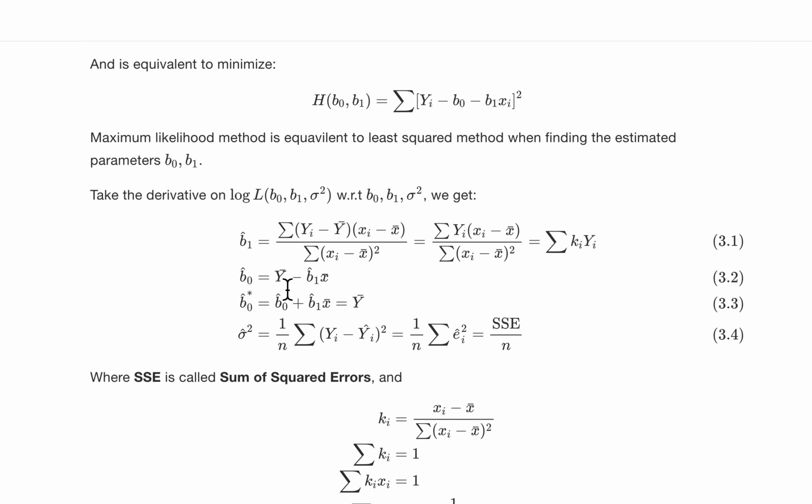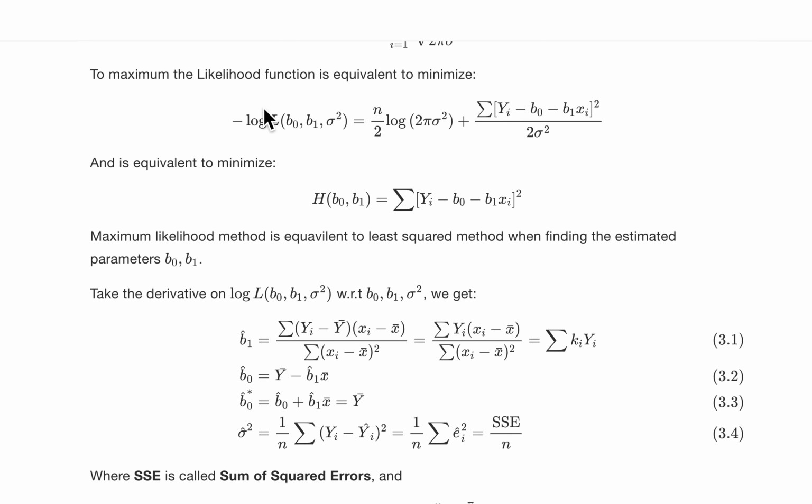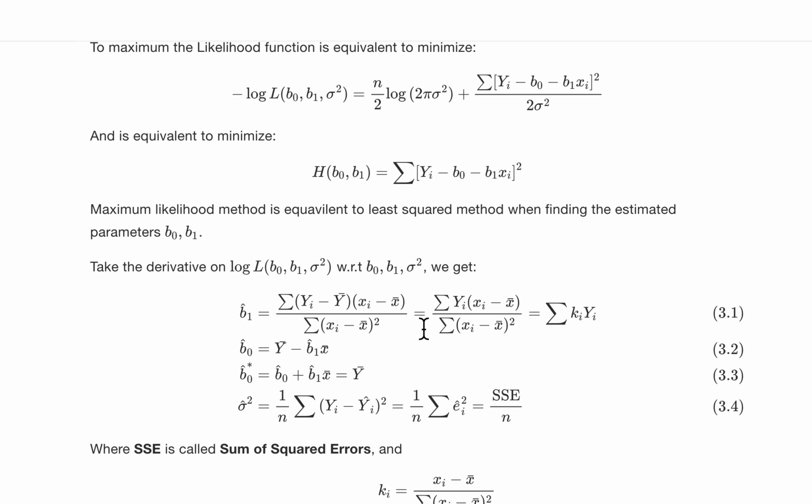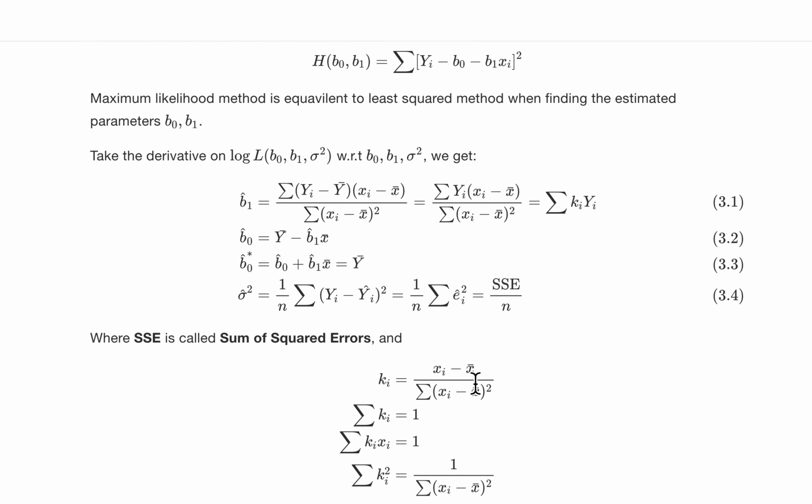So let's find the estimations of those parameters. We take the derivative of the log likelihood function with respect to b0, b1, and sigma squared. We get the estimation of b1 as a linear function of yi, where ki is a function of the x values: xi minus x bar, divided by the sum of squares of x. And b0 hat is y bar minus b1 hat x bar.